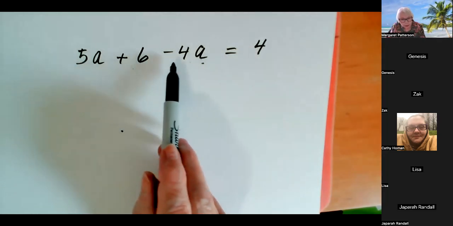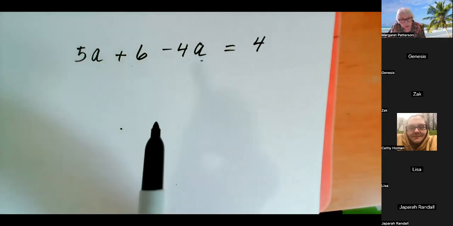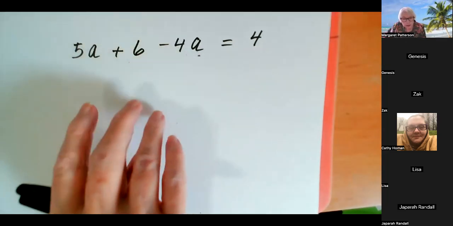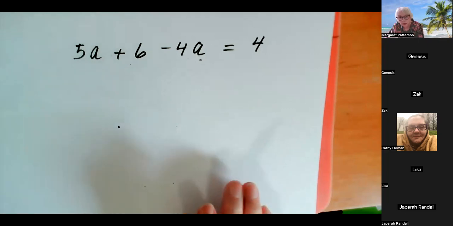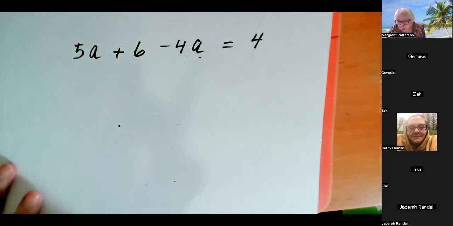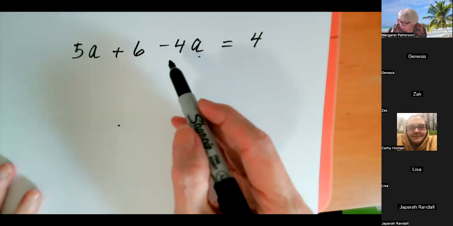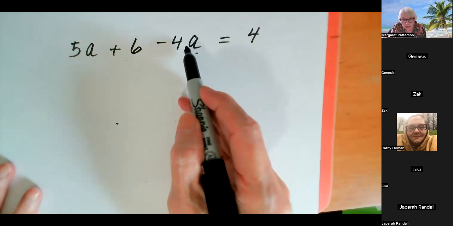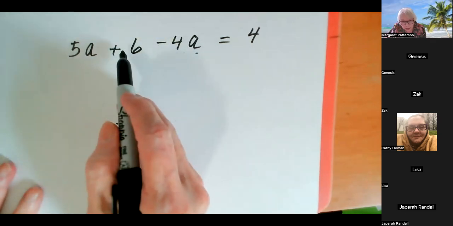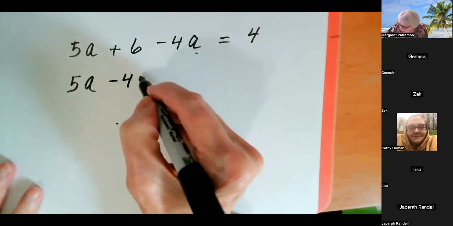So I'm more interested in this side. Remember the commutative and the associative property where you'd move things around to suit you? Where you'd switch the order and stuff? You don't have to write this, but I'm going to write it so that you can see what I'm thinking. I'm going to bring the minus 4a to the middle.